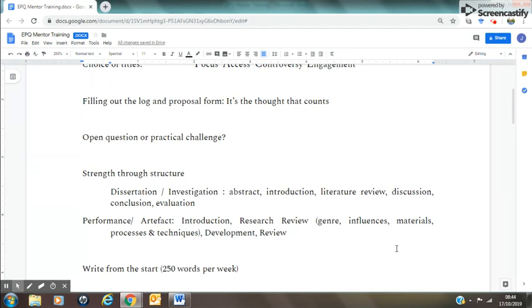The thinking behind the project is just as important as the actual choice of medium and materials in a physical sense. Processes and techniques, have they explored a range of different approaches that they could use? Have they researched to find out what will actually enable them to achieve their creative intentions?